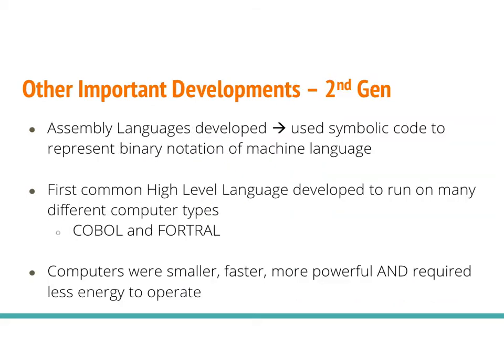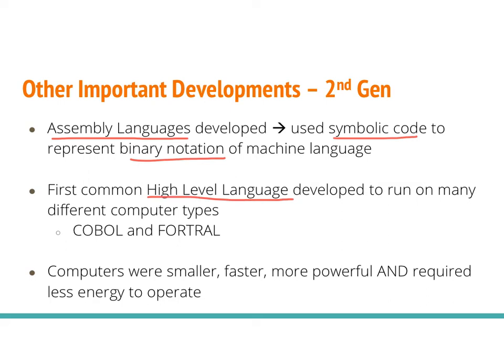Now, some other important developments within the second generation of computers. The first is that assembly language, which is that mid-level language, was developed, and it used what looked like symbolic code to represent some binary notation of machine language. So assembly languages started to develop and become commonplace. In addition, the first common high-level languages were developed to run on many different computer types.